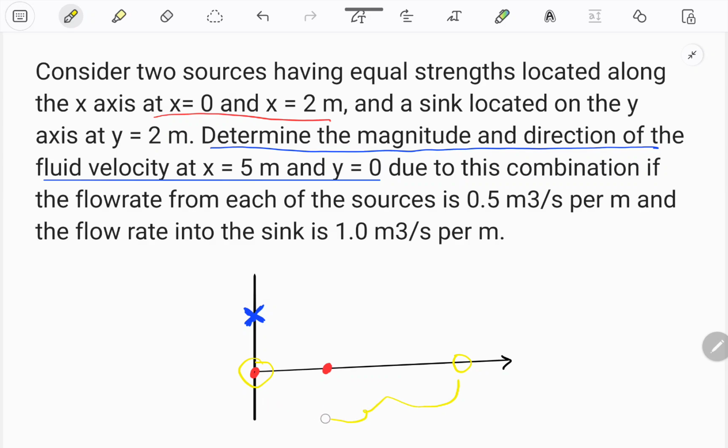Then this is 1. No, it's not 1, it's 2. This is 2. That is 5. So this is most likely going to be 3.